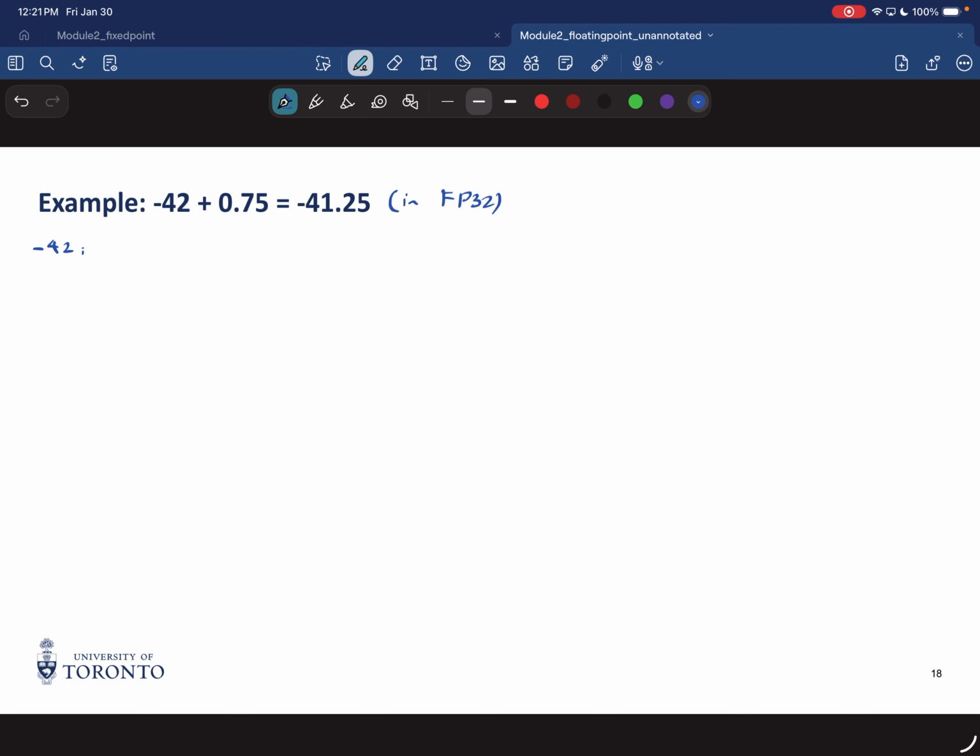And what is the sign here? Sign bit here? 1. So we have 1. And then what do we have? Should I be even starting? It's minus 42. Should I be starting putting the bits together? I have to normalize it first, right?